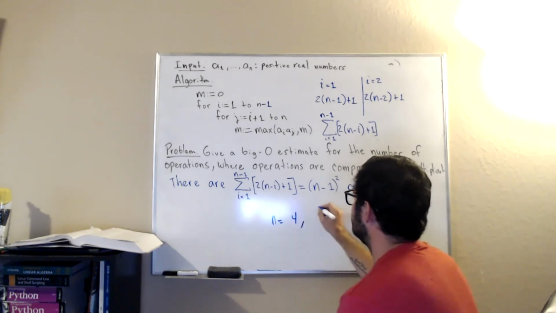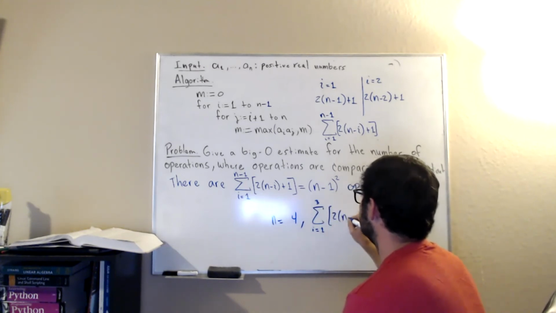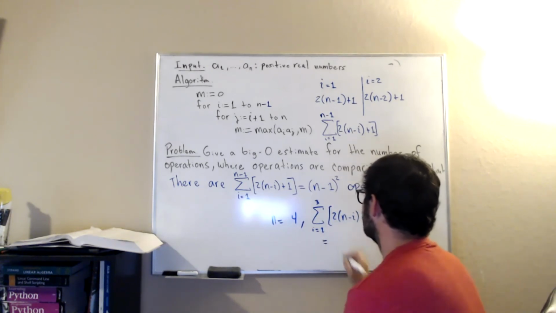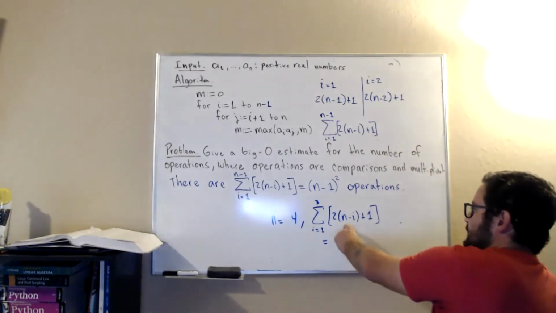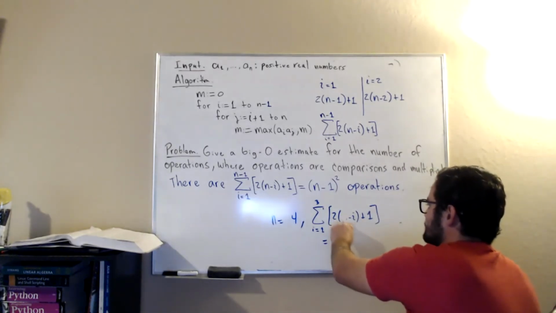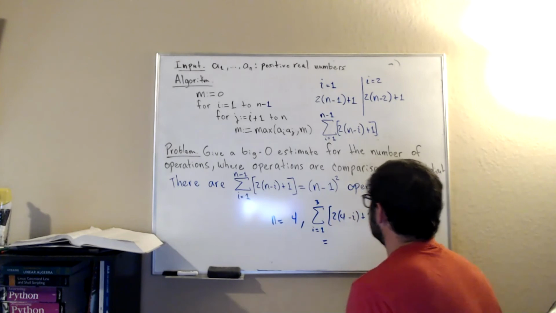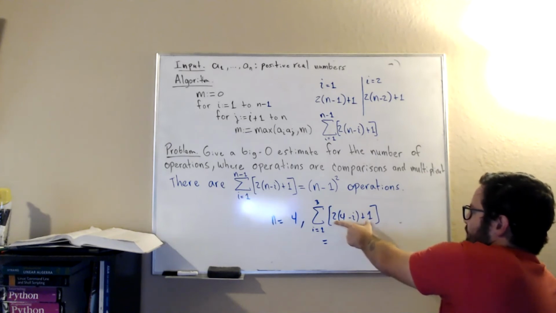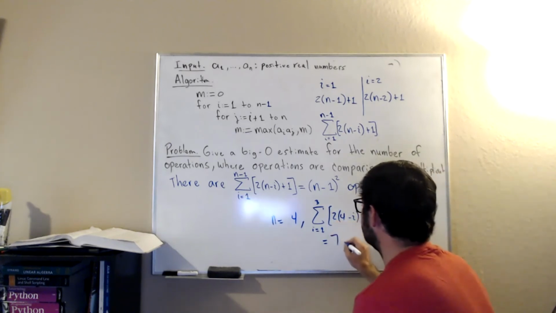So then this sum would be I equals 1 to 3 of 2 times n minus I plus 1, which is equal to, oh, this is a 4. So 4 minus 1, 3 times 2 is 6, plus 1, 7.